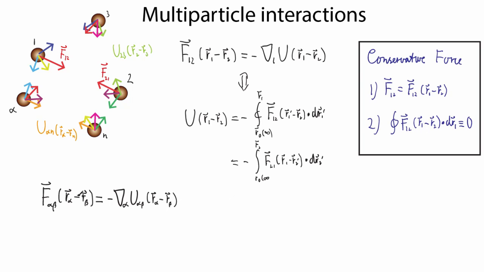So these are these forces. So you can calculate all the forces between all the particles in this way. And because of this, now you could come up with a total potential.